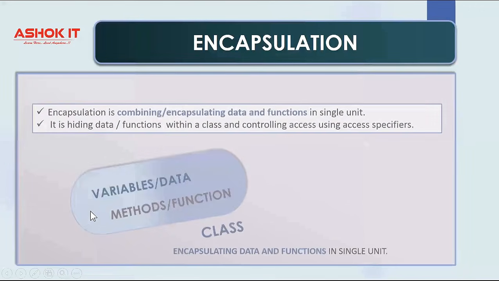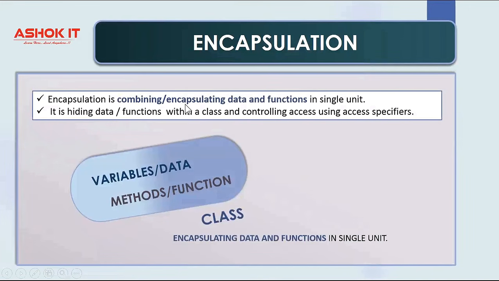Encapsulation. Encapsulation is combining or encapsulating data and functions in a single unit. The data members and member functions are combined as a single unit, and this is done using classes in Java. As we created a Student class and placed ID and the function display in it, the class is used to combine data and function into a single unit, to achieve encapsulation in Java. We use classes in Java to hide the data or functions within the class from other classes.